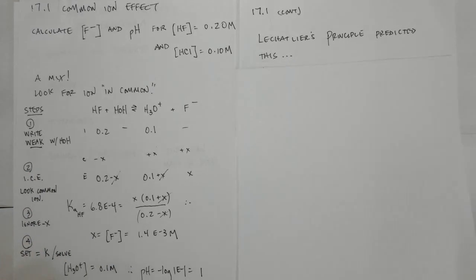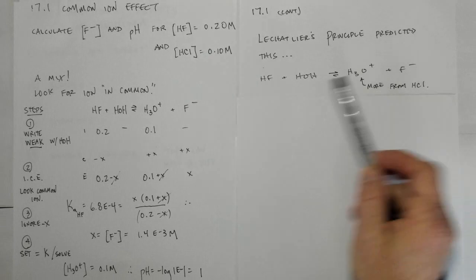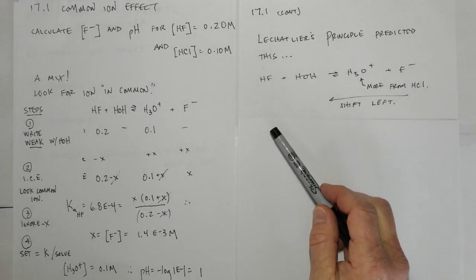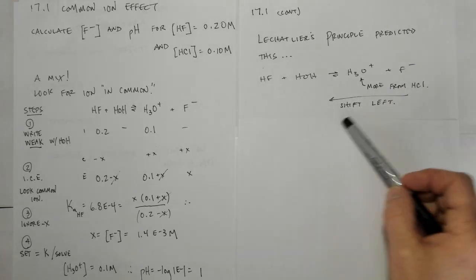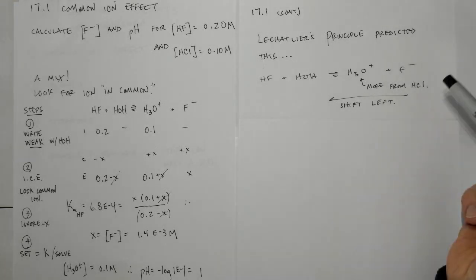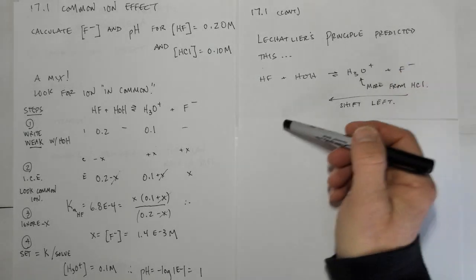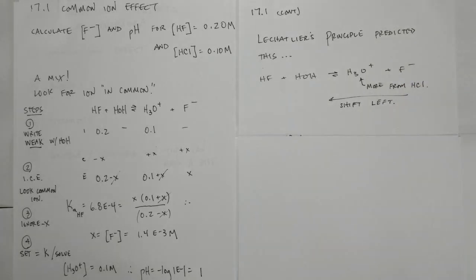And Le Chatelier's would have predicted that the concentration, when I have some of this H3O plus ion added to it from the HCl, would have shifted the reaction to the left. And so from a normal weak acid problem where I would solve for this and for this, I would have less of this available because the reaction would be shifted left due to the increase of concentration of H3O+.